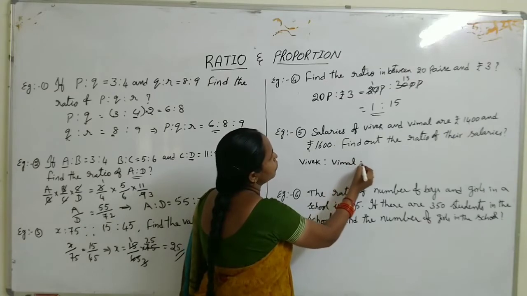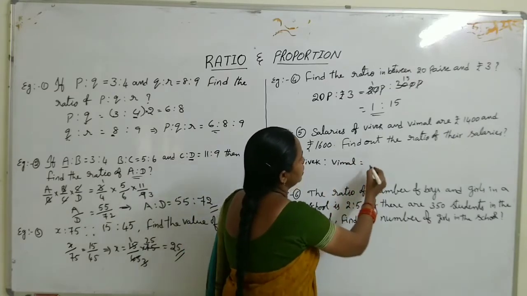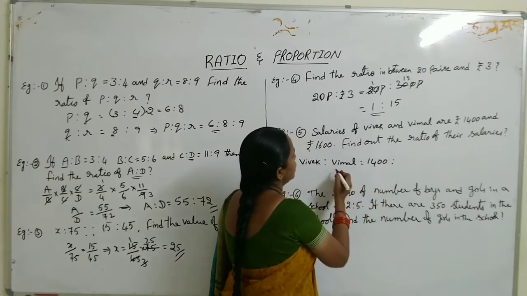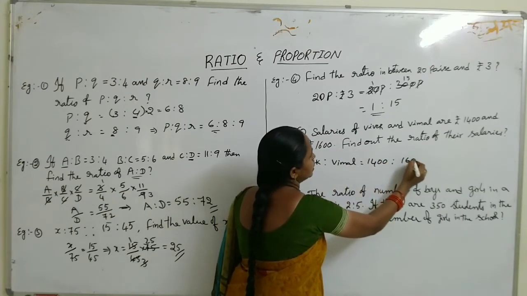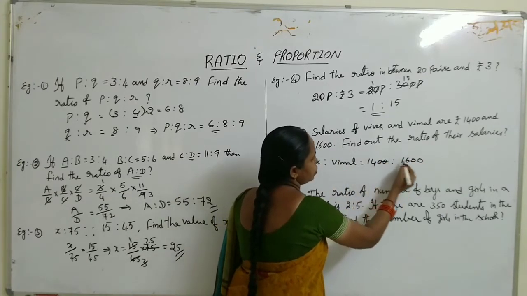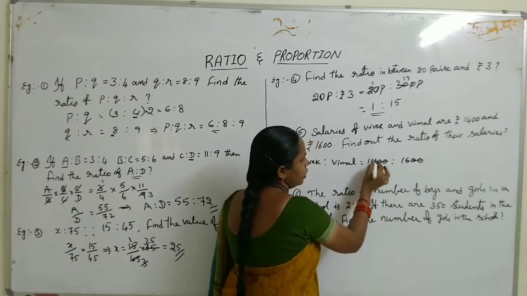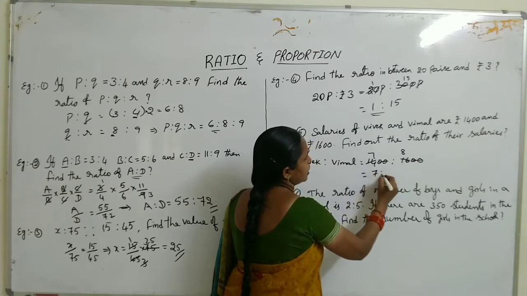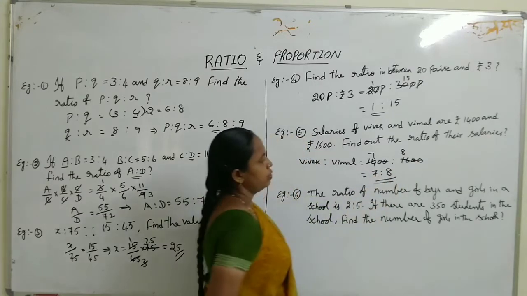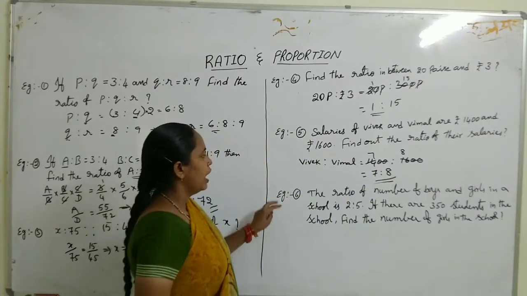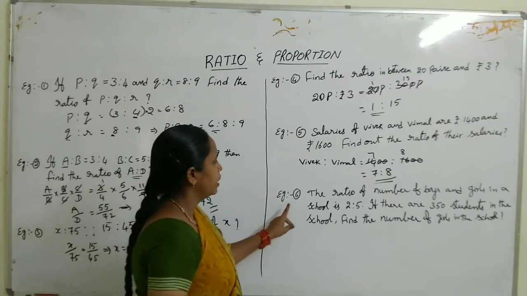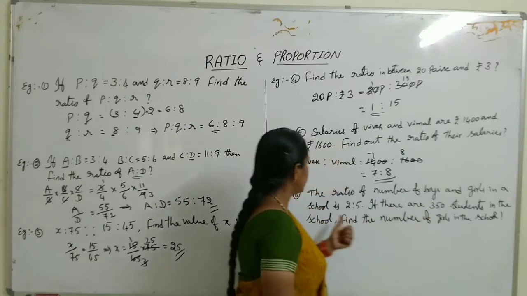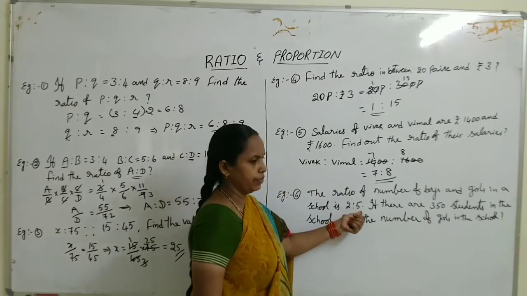So salary of Vivek is 1400 rupees and salary of Vimal is 1600 rupees. In the ratio of these two, zeros cancel. 2 sevens and 2 eights. Therefore, ratio of their salaries is equal to 7:8.